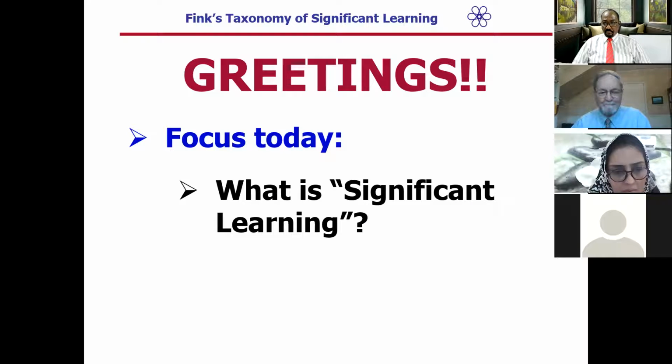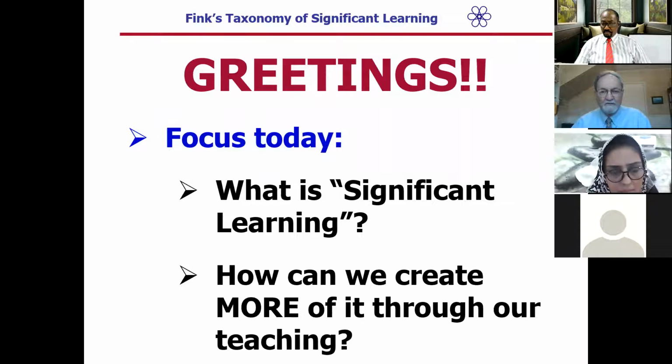But then we're going to move to the second question. Once we find out what significant learning is, and if we decide that is something good that we would like more of in our teaching, how do we create more of it through our teaching? These are the two big themes in my book, but they're very closely related.